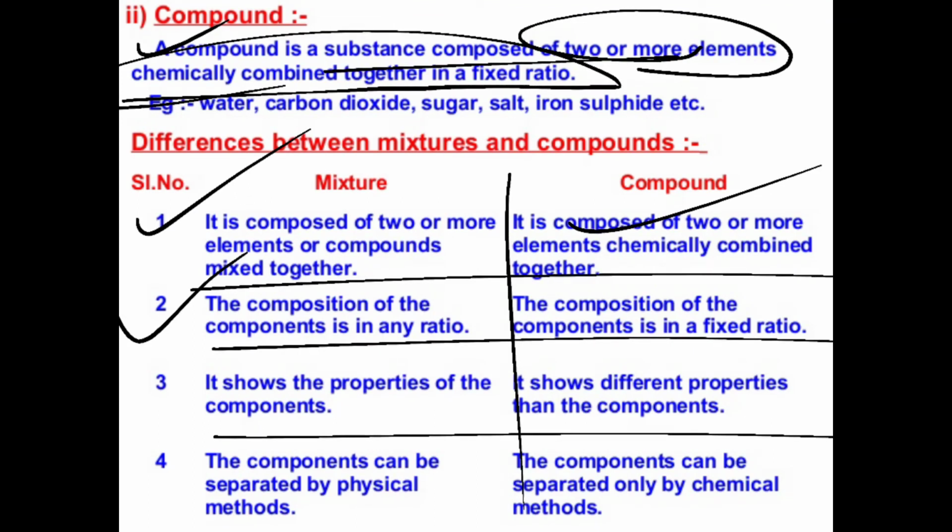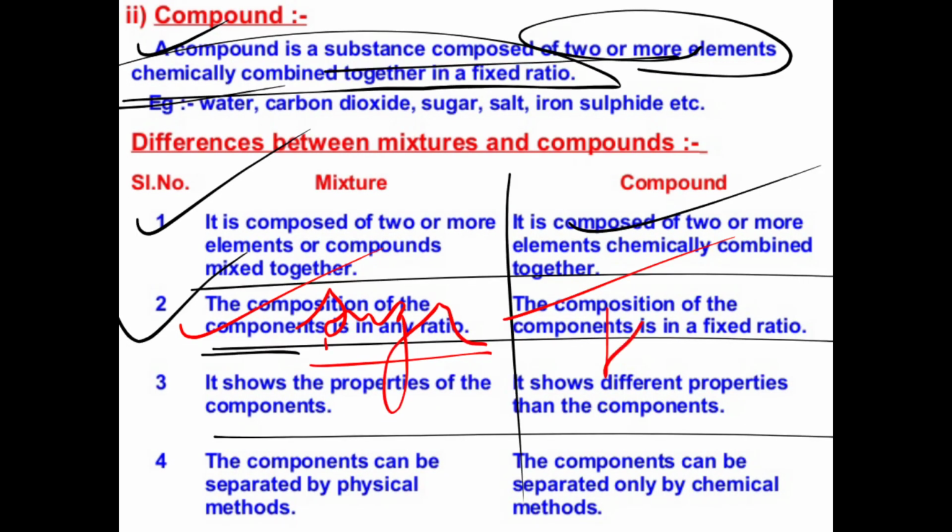Which one is easier to separate? Obviously mixtures, because they are not chemically bonded, right? The components of a mixture can be in any ratio, we can take any amount of solution, any amount of sugar, right? In a compound we can take only a fixed ratio.